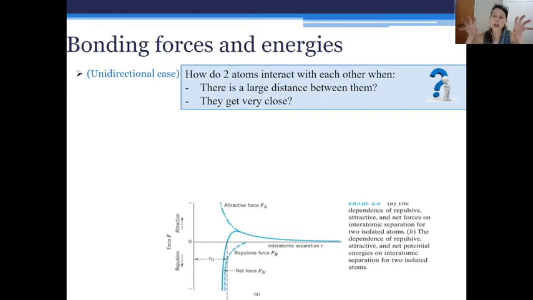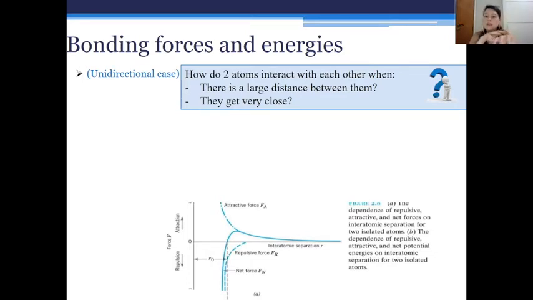Then if we force these atoms to come closer to one another, they will feel two kinds of forces, an attractive force and a repulsive force. We won't get into a deep explanation right here, but up to a certain interatomic separation, they will begin to attract each other.